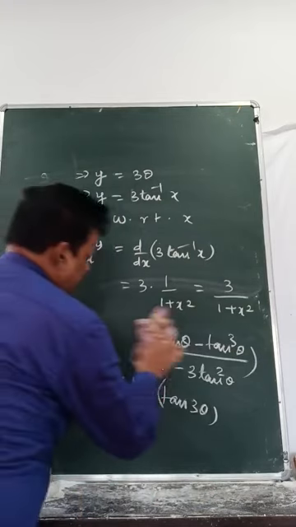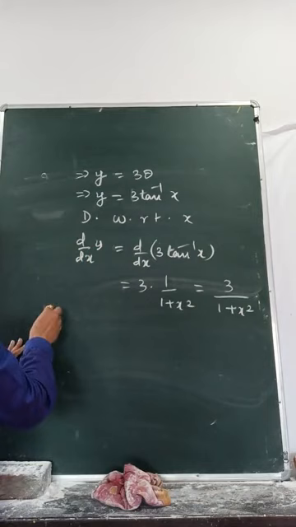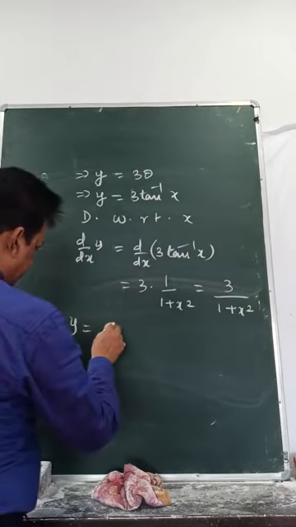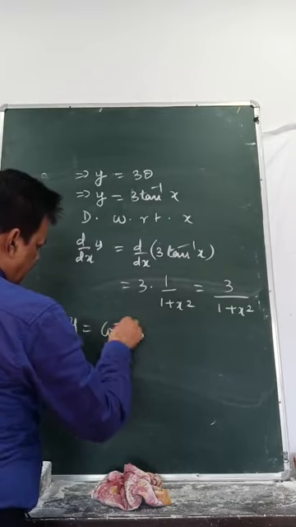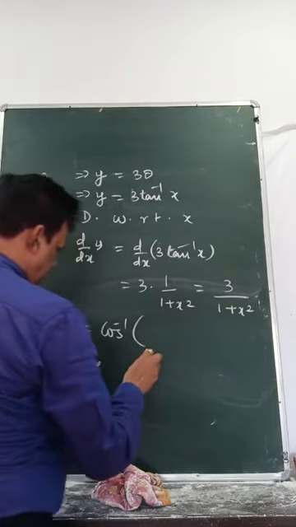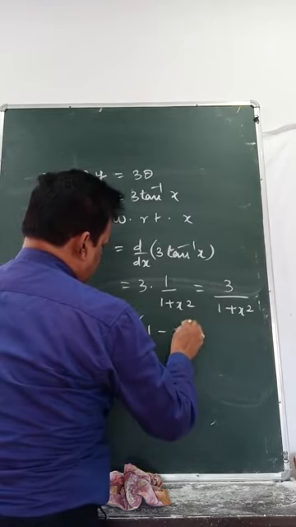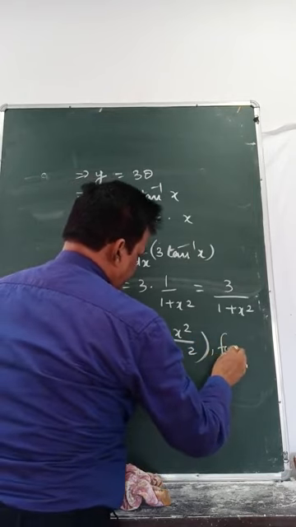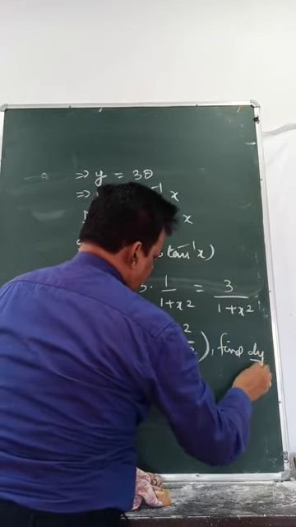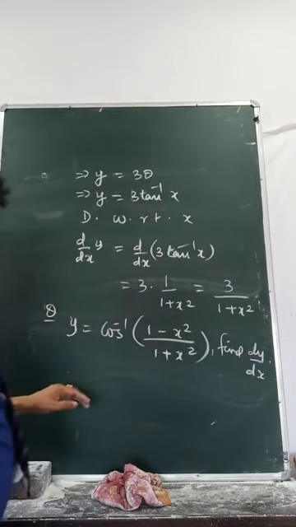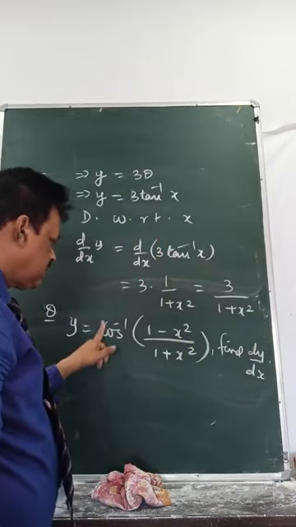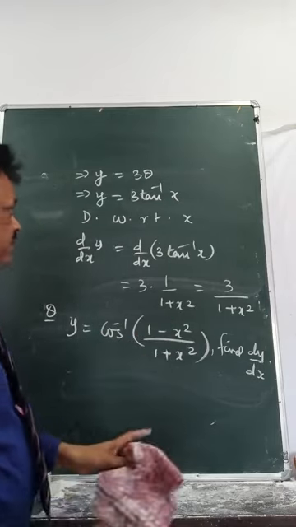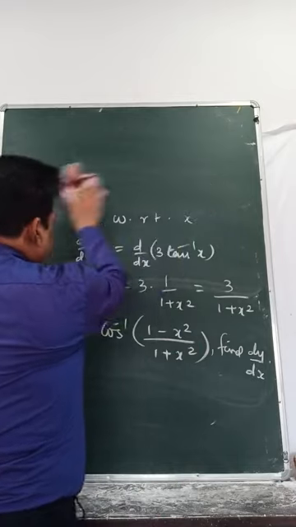Now let us see another one. Suppose y equals cos inverse of 1 minus x square by 1 plus x square. Find dy by dx. Look here, if this is cos inverse, then this should be cos so that it can be simplified.